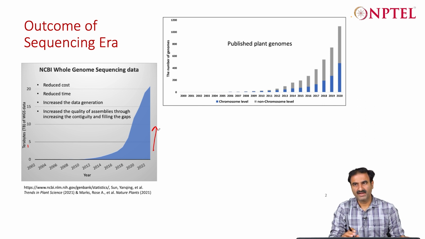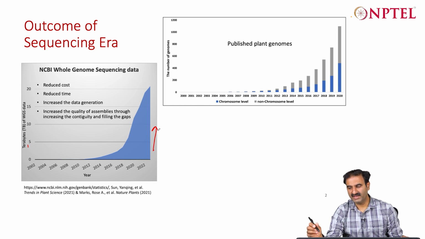The reduced cost, affordability and accuracy are luring users to generate more and more data. For example, in the case of published plant genomes in 2020, the number of genomes at chromosomal levels has been increasing exponentially, and at the non-chromosomal level also.